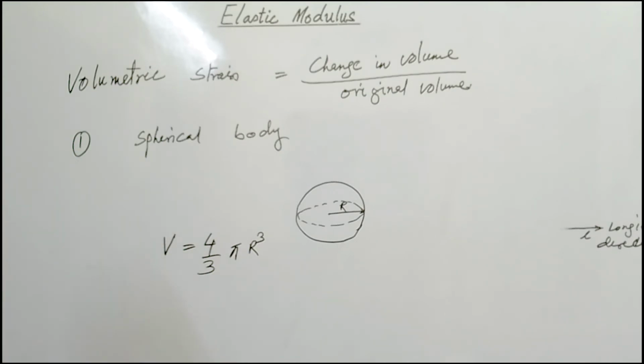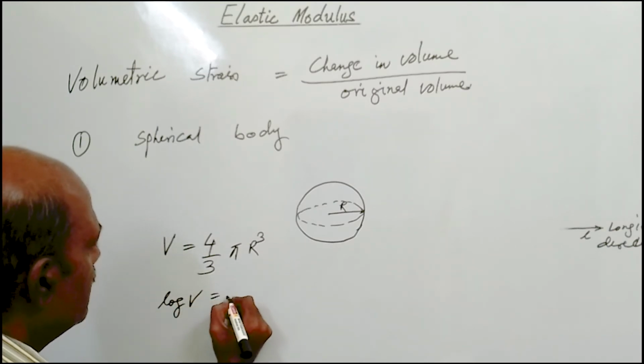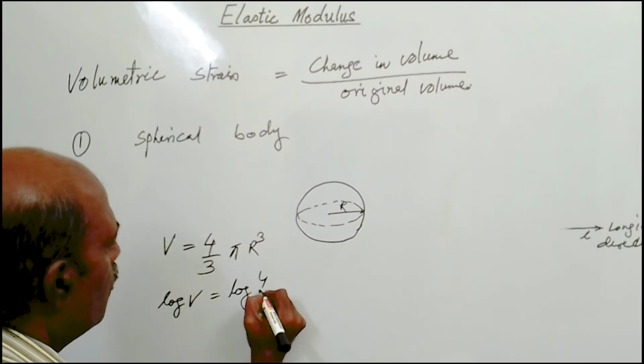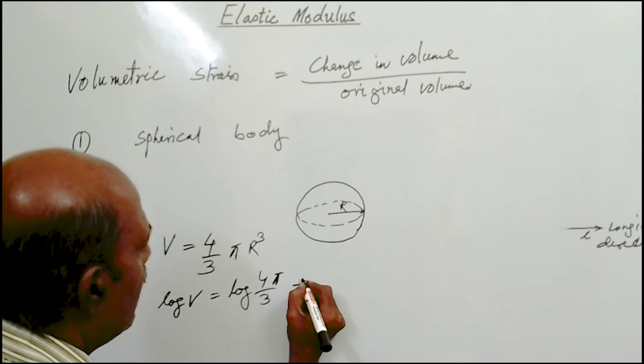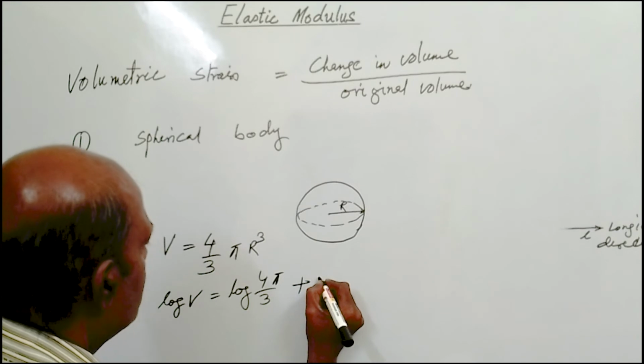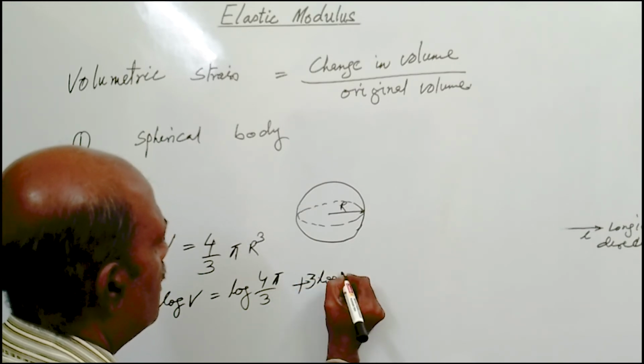Now taking log on both the sides, we can write log V is equal to log 4/3 pi plus 3 log r.